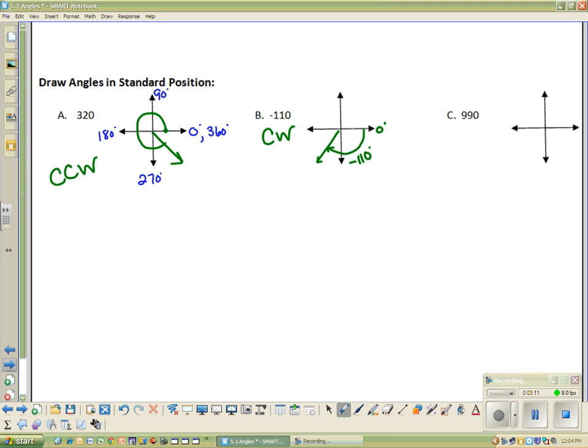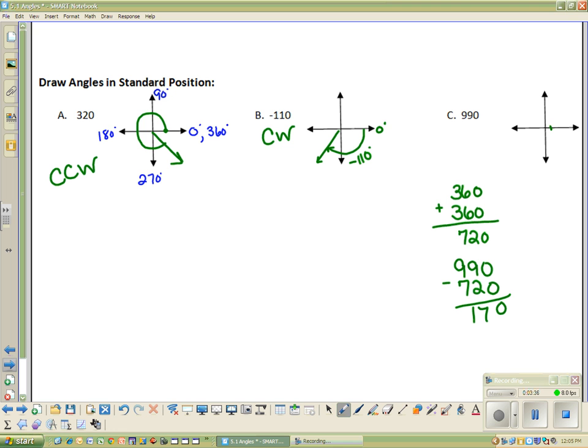990 degrees. Wow, 990 degrees. Well, I know 360 degrees would be 1 revolution. Another 360 degrees would be 2 revolutions. Together, this adds up to 720 degrees. I don't think another full 360 will go in there, so I'm going to take 990 and subtract 720 from it, and that will leave me 170 degrees.